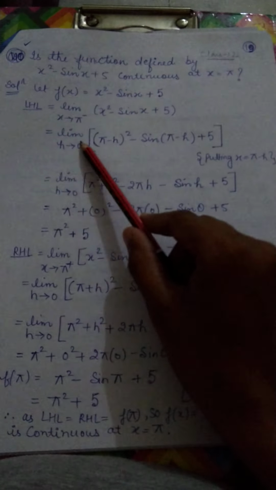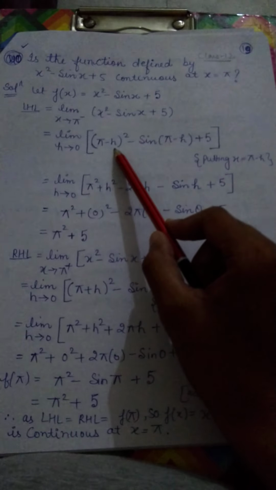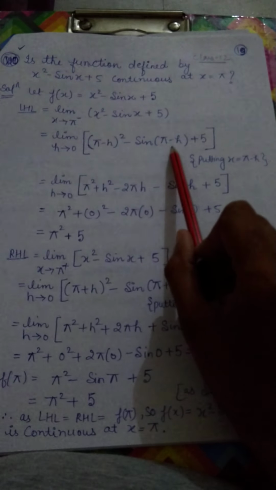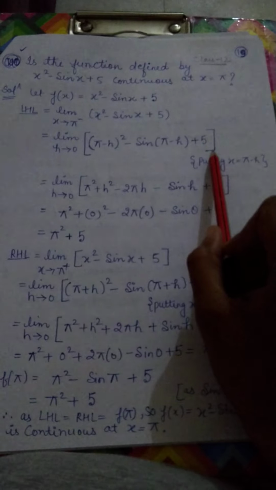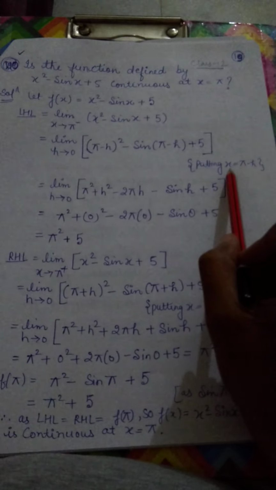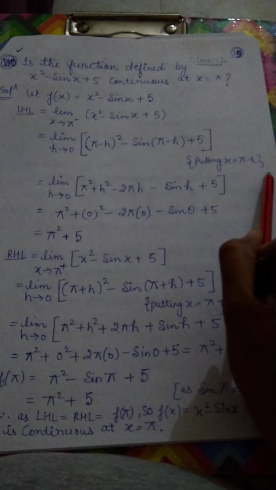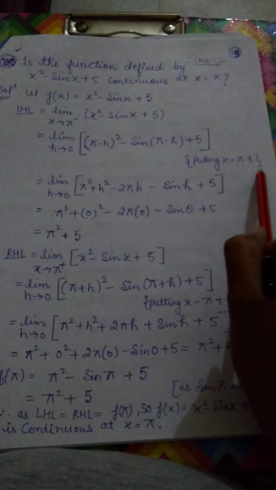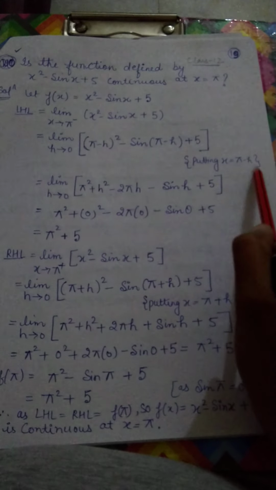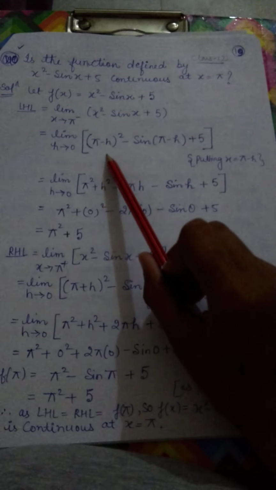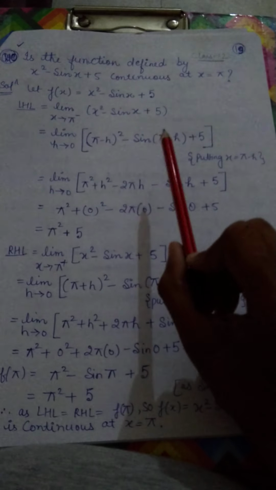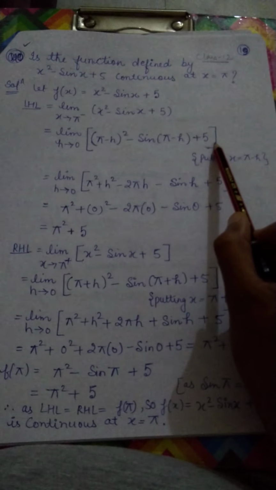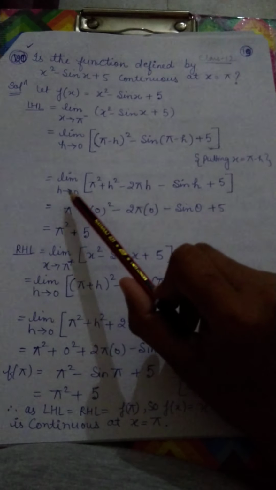Now बच्चे, putting x is equal to pi minus h, I will get pi minus h whole square minus sine of pi minus h plus 5. Now I am moving to h tends to 0.